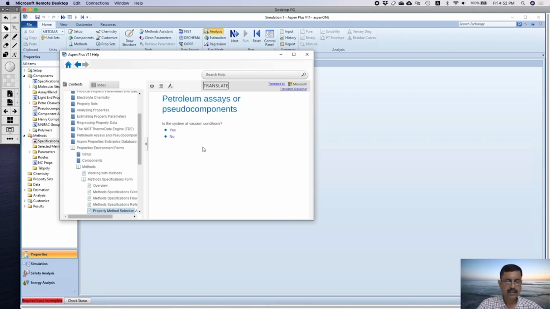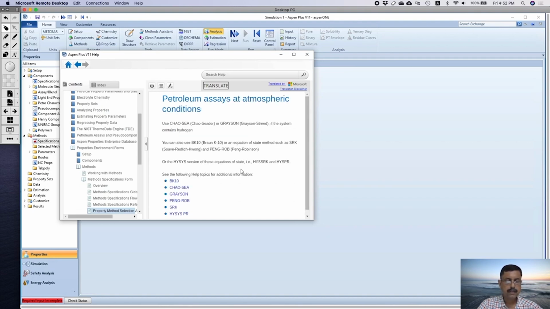In the system is vacuum condition? No. So you can use these methods. Use Chao-Seader or Grayson if the system contains hydrogen.